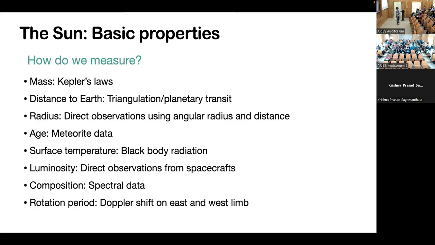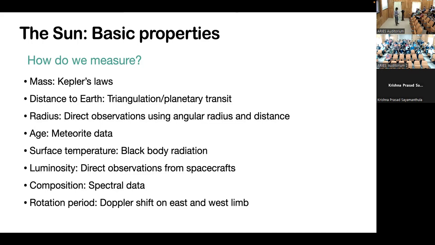Whenever that opportunity came, which is very rare, some of them measured this transit time from two different positions on the Earth. When you see the Mercury transit from two different positions, you are seeing it at a different angle, at different latitudes on the sun, so the transit takes different times. By calculating that time, you can get the latitudinal separation on the sun. You already know the separation on the Earth. Again, using the same philosophy, you can measure the distance to the sun.